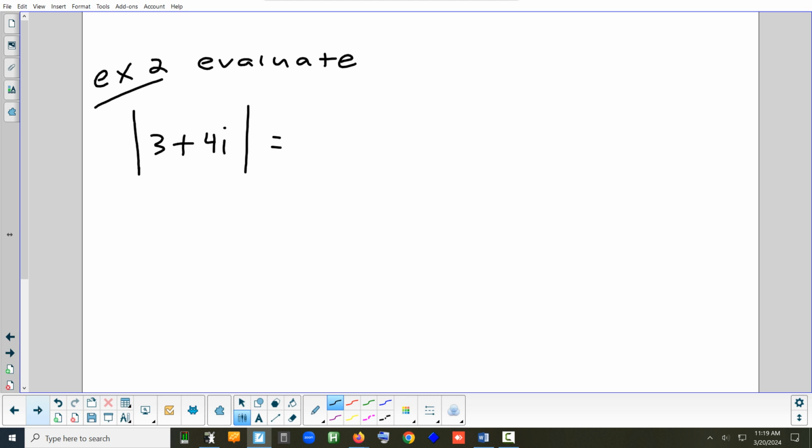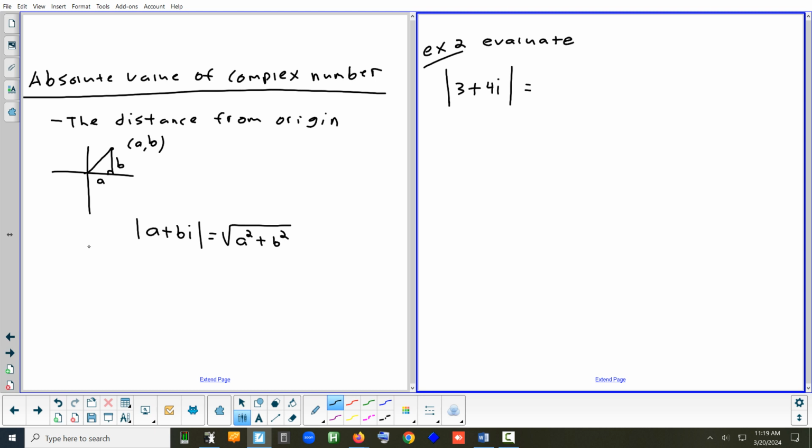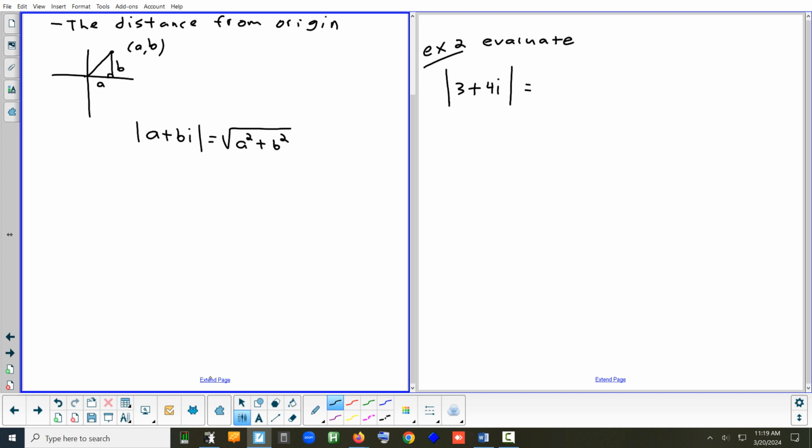Let's try an example. So this time, the complex number I'm going to work with is 3 plus 4i. So if you want to visualize it, you can. Okay? Where is 3 plus 4i?